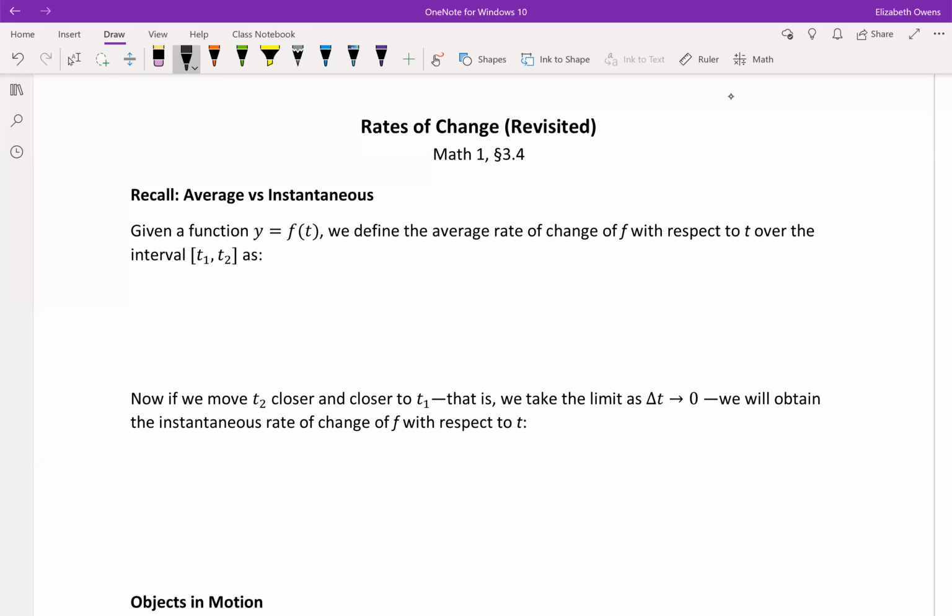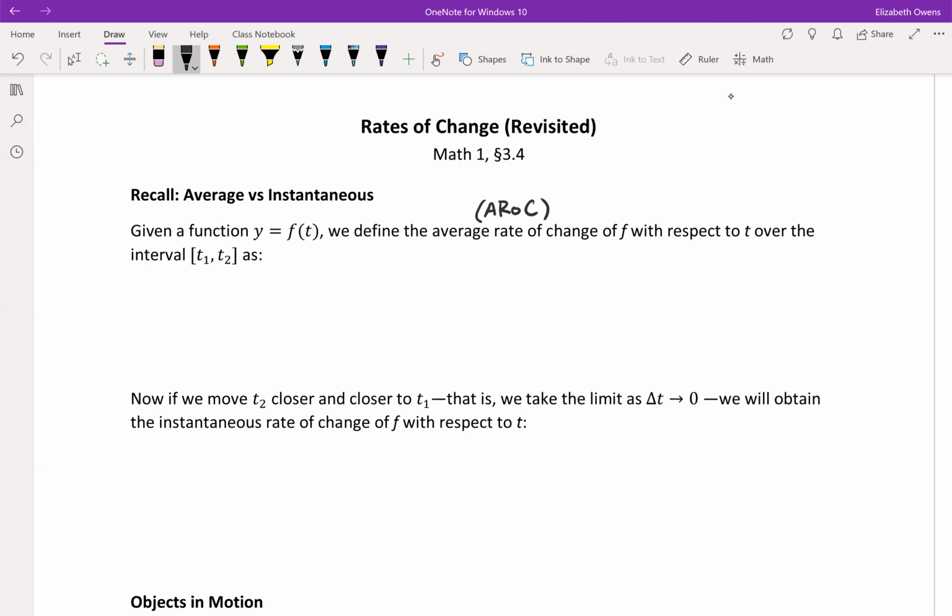The two main types were average rate of change and instantaneous rate of change. So if we're given a function y equals f of t, we can define the average rate of change, AROC, remember? So the average rate of change of that function f with respect to t over the interval t1 to t2, all right, this is going to be our average rate of change formula from chapter 2, remember?